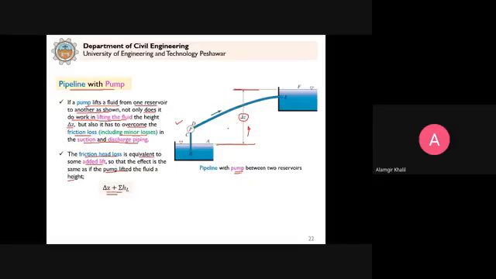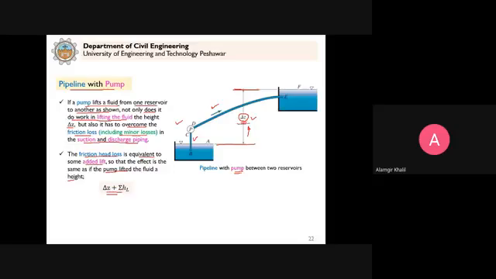But we say that the pump should not only lift the water by delta Z, because the water flows in this suction pipe here. This is the suction pipe and this is the discharge pipe. So the water flows in these pipes BC and DE. There will be friction losses and there will be minor losses. So the pump should lift the water by more than delta Z to overcome the losses also.